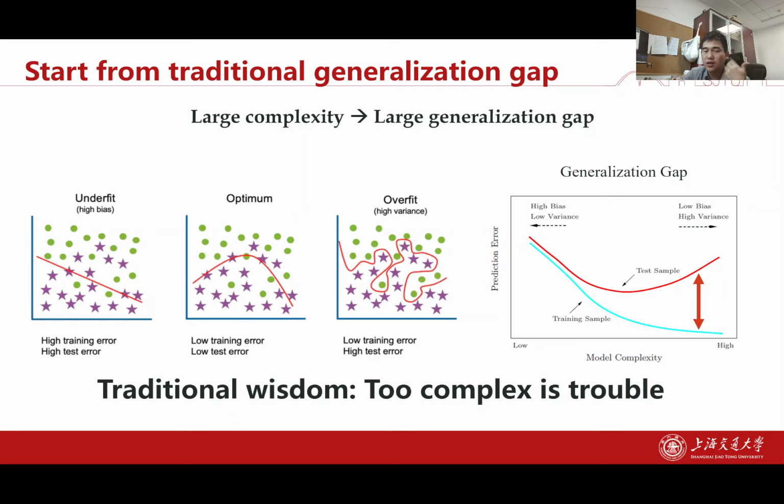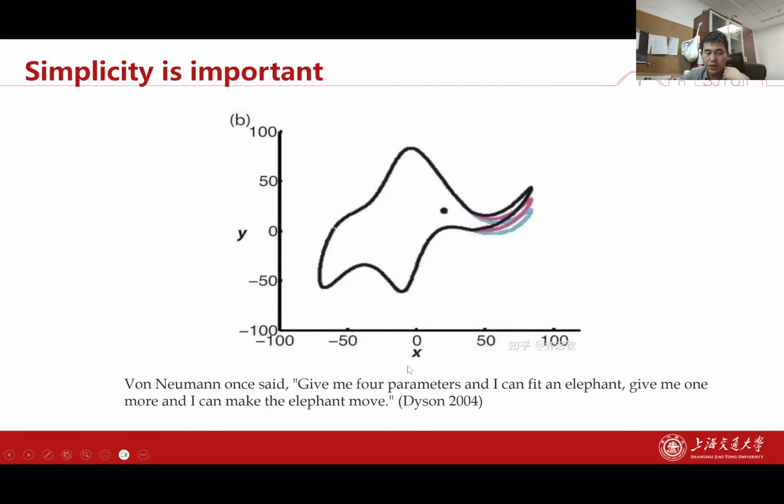And there are also a lot of examples. Von Neumann said, give me four parameters and I can fit an elephant. Give me one more, I can make the elephant move. In 2004, this paper really made this happen. This story tries to tell us that if you have enough parameters, you can almost fit anything.